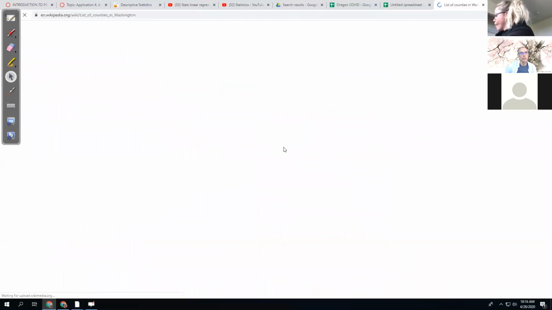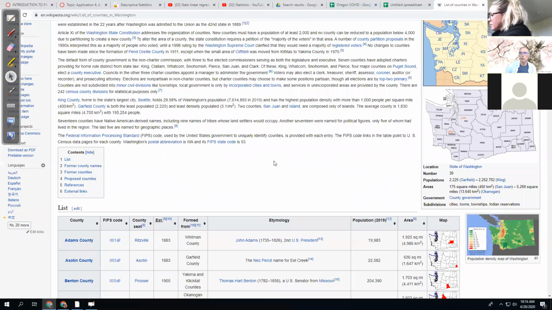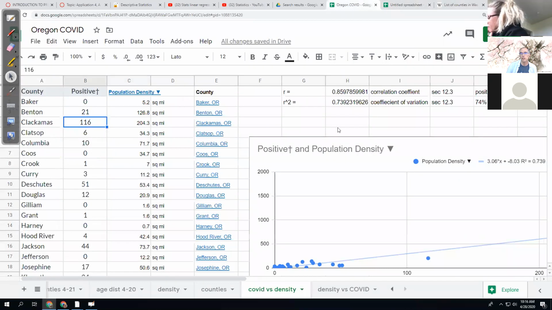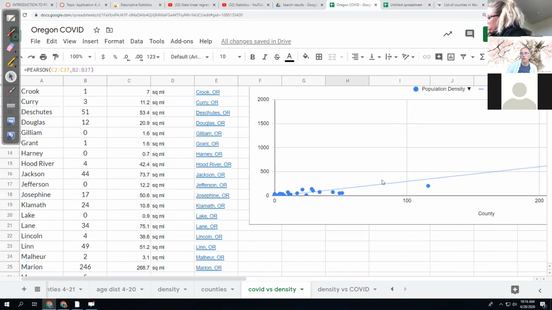All right, so I go over there and maybe I pick like Franklin County. So Franklin County is kind of similar to Umatilla County. It's not very densely populated. If I looked up the number of cases on the 20th and I looked up their population density, then what I should find, if my correlation does truly exist here, and it does, that's pretty high, is that their point would fall pretty close to my line here.